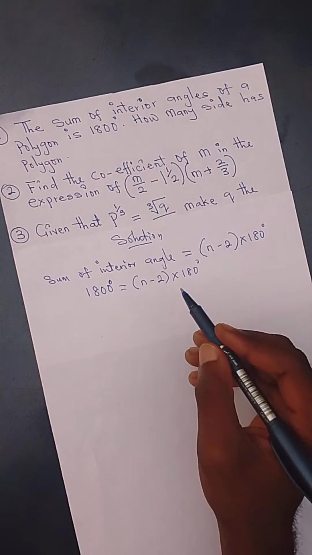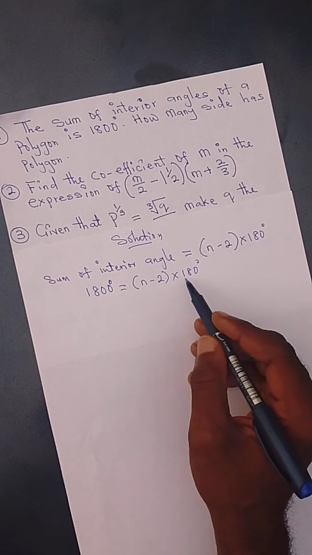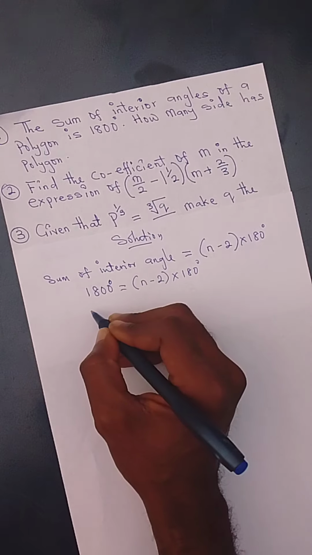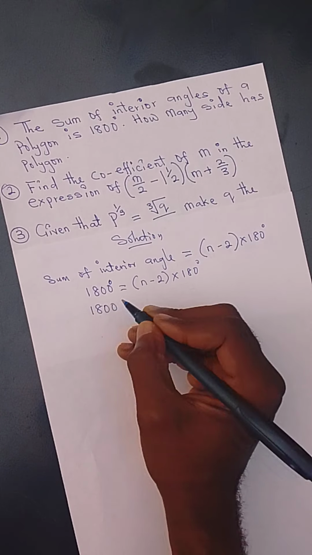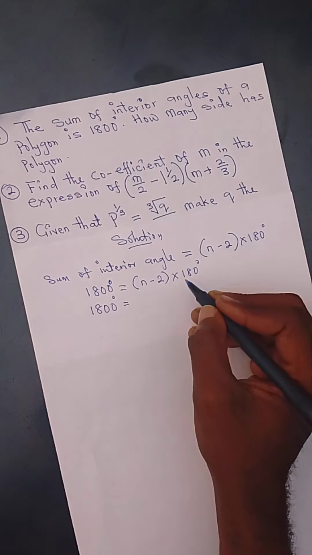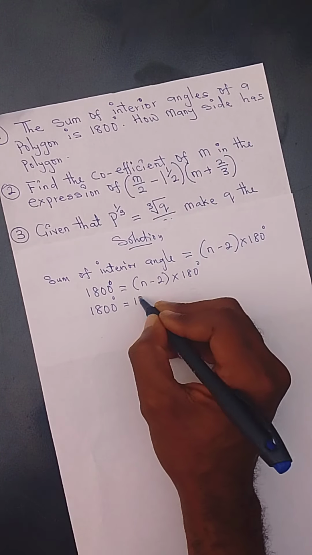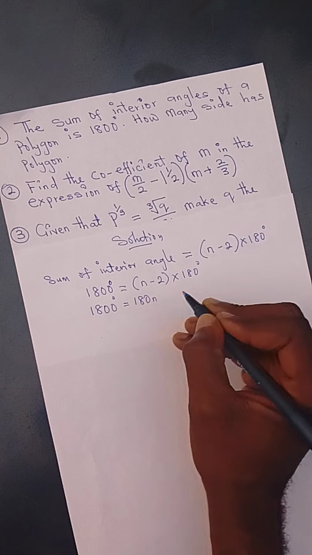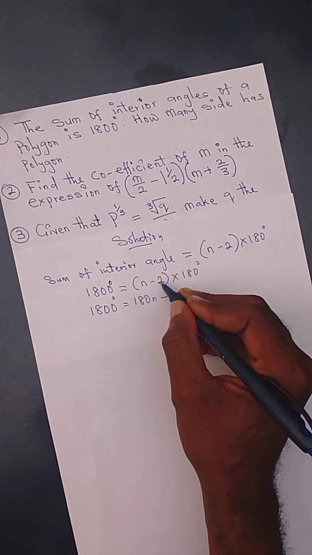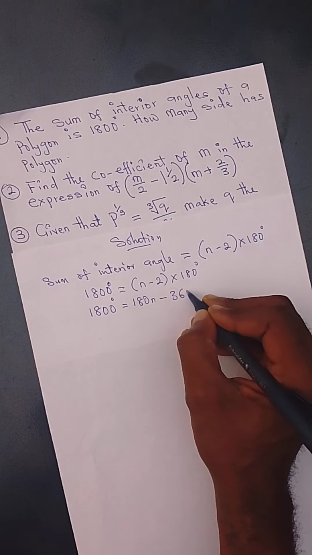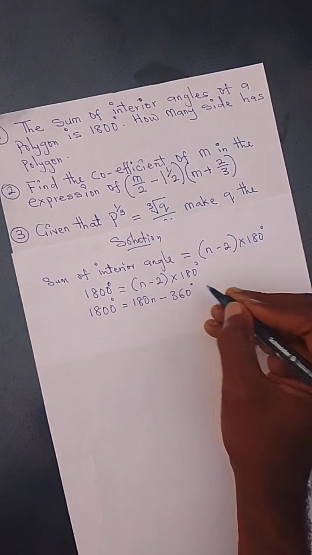So now you are going to open this bracket by using this 180 to multiply by what you have inside the bracket. So that's going to give us 1800 degrees equal to 180 times n, that will give us 180n, minus 2 times 180, that will give us 360 degrees.